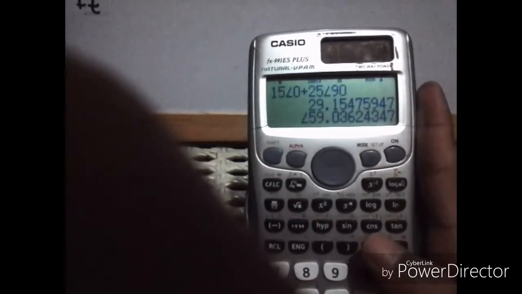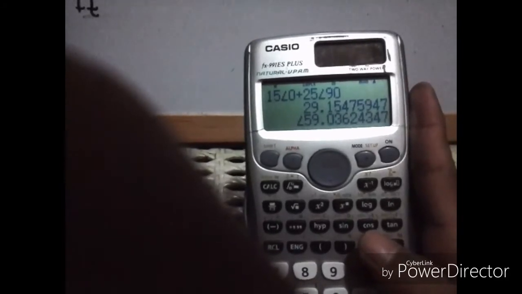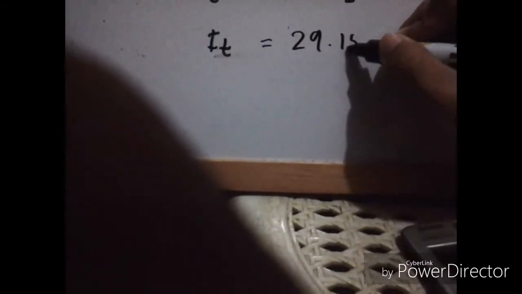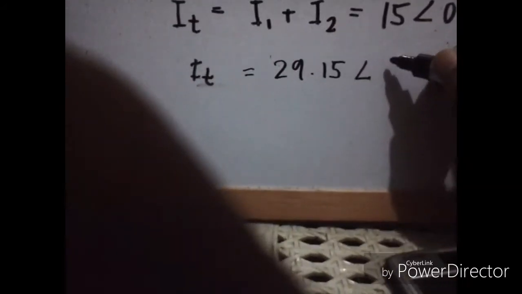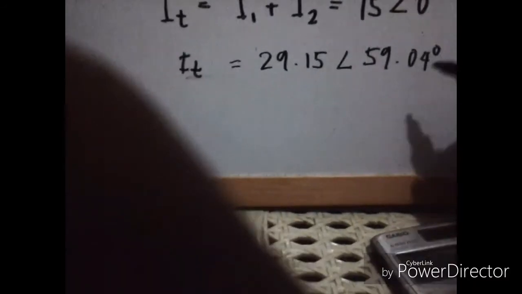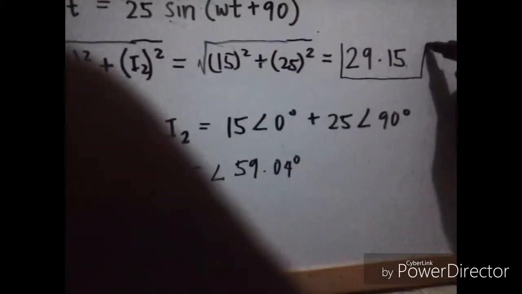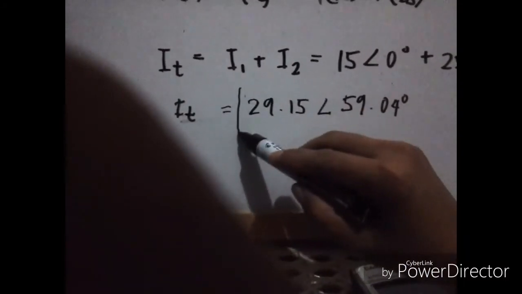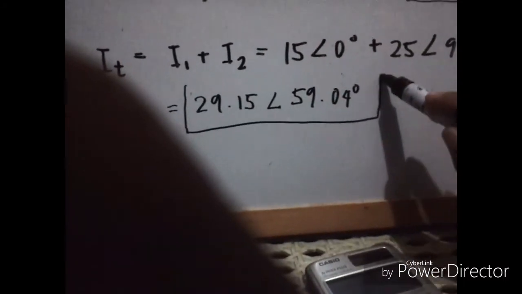That's the answer: 29.15 angle 59.04 degrees. It's equal to 29.15 angle 59.04 degrees. These answers are both correct.